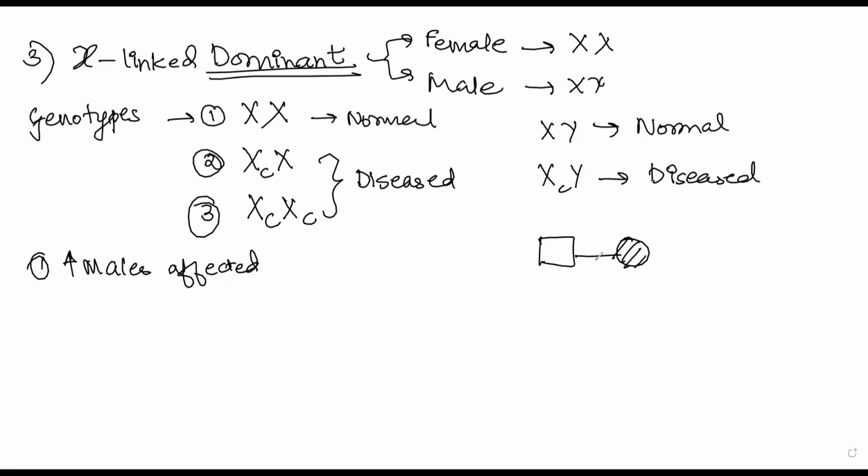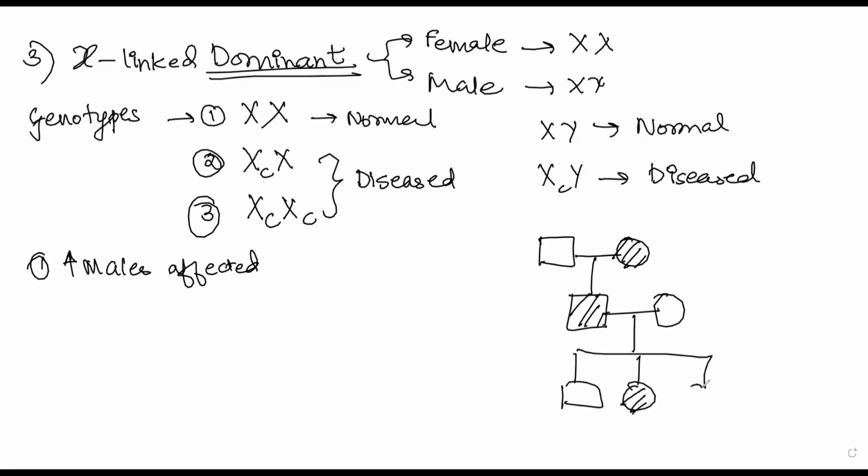In this, the female is affected, and in the progeny, the son is affected, daughters unaffected. When the mating happens, they have a son who is affected. Now this son marries a normal female, and they have 3 progeny, out of which both the females are affected.